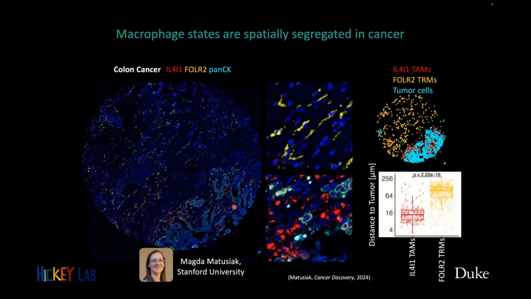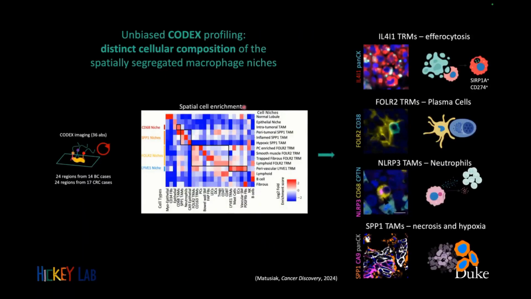So some were mostly in the stroma and some were mostly in the areas where there was tumor nest. So what we did is we developed markers towards these individual macrophages, and we were able to identify basically macrophage niches within the colon, normal colon tissue and colon cancer, and link these back to Magda's original findings of what these cells are doing and what they're doing differently.